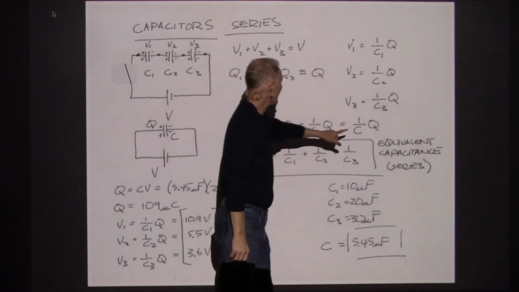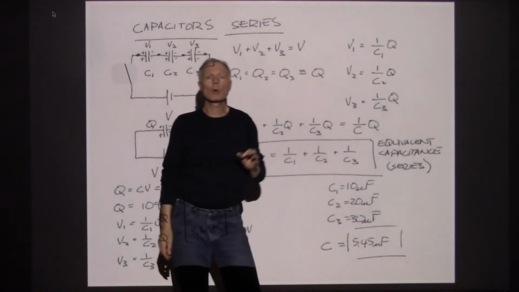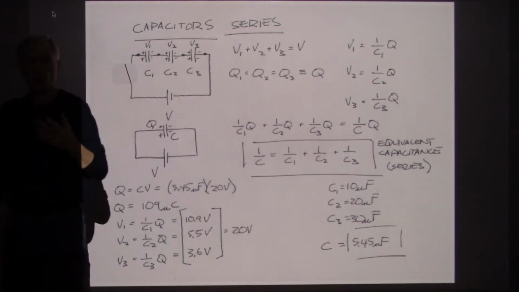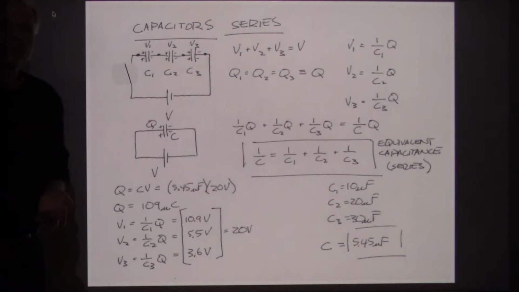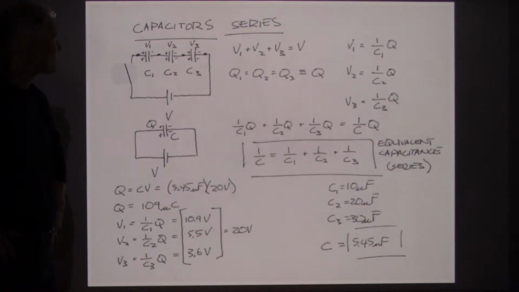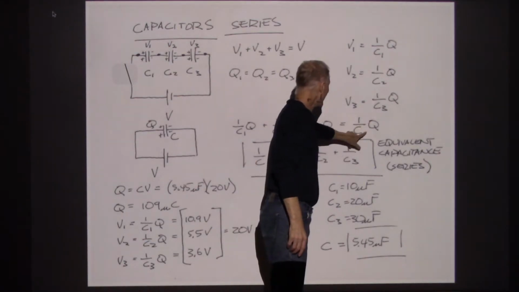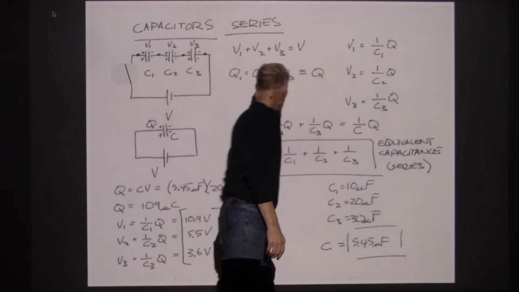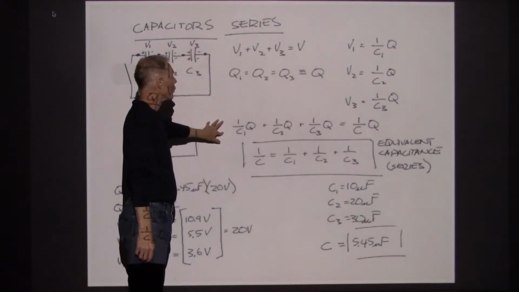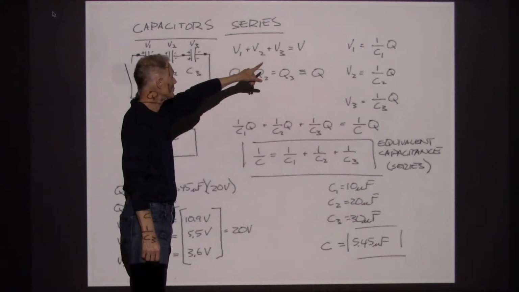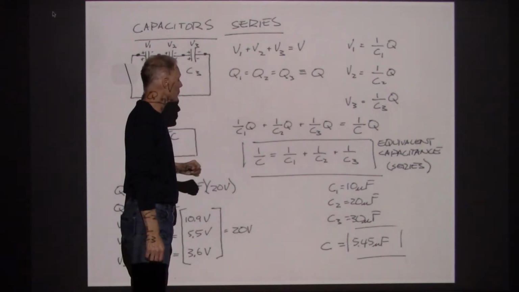Now what I've done is I've defined an equivalent capacitance. The equivalent capacitance for capacitors in series is given by saying that Q divided by that equivalent capacitance will equal the voltage that we have over the entire set.